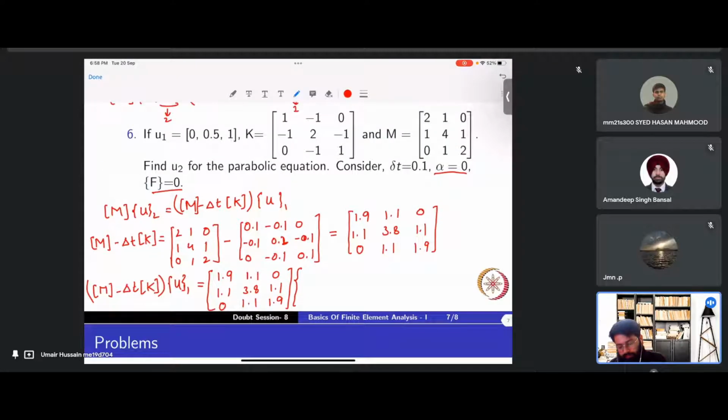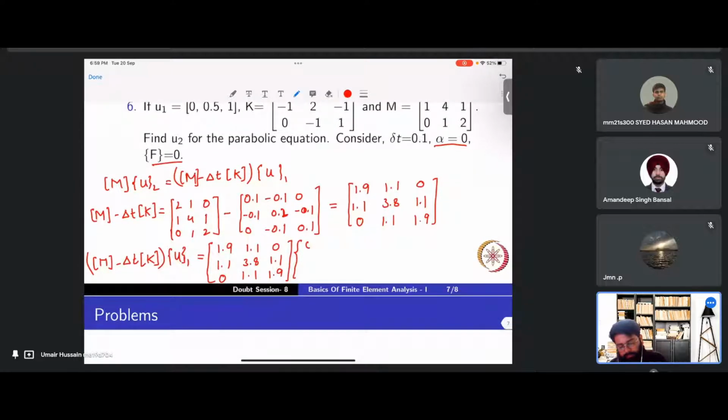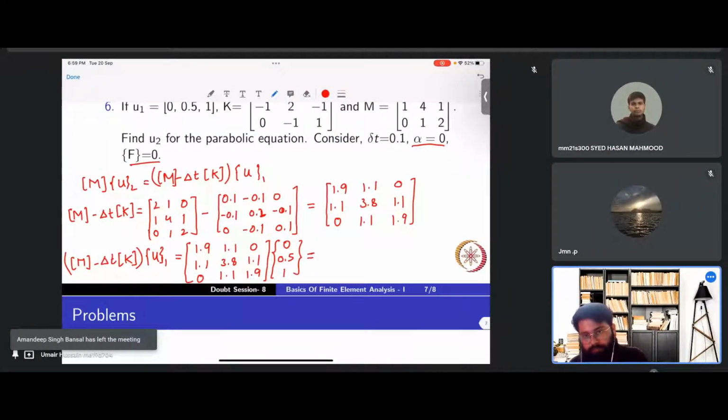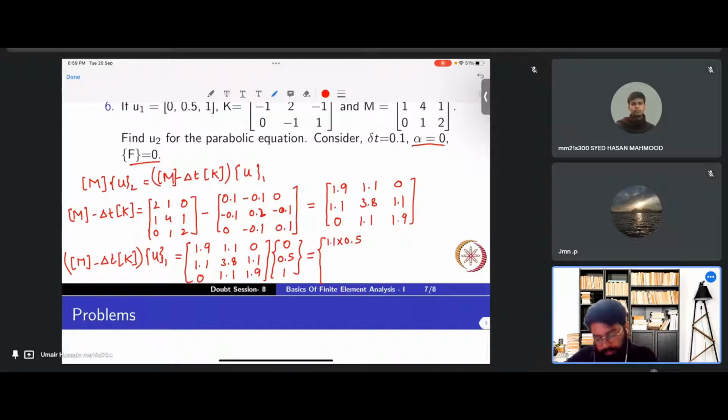So what is u? The value u is 0, 0.5, 1. So we multiply this 1.1 times 0.5. Then second row we have 3.8 times 0.5 plus 1.1 into 1.